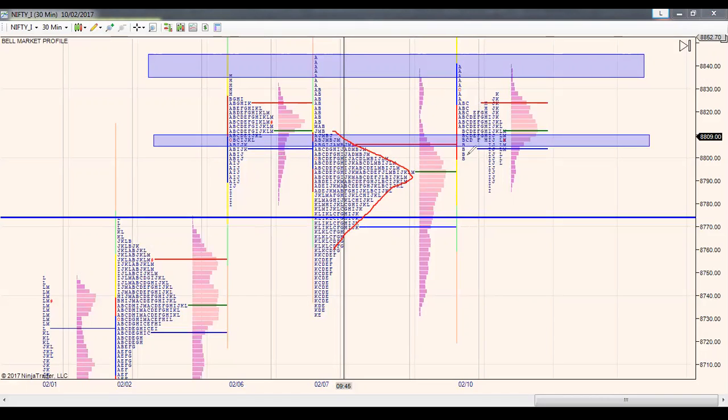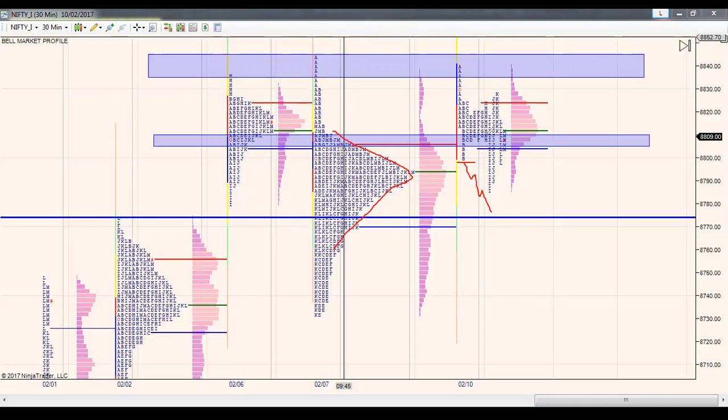Now as we are familiar with this B shape profile, we require new business below this initial or morning low of this B period for any possibility of moving down or continuation down.